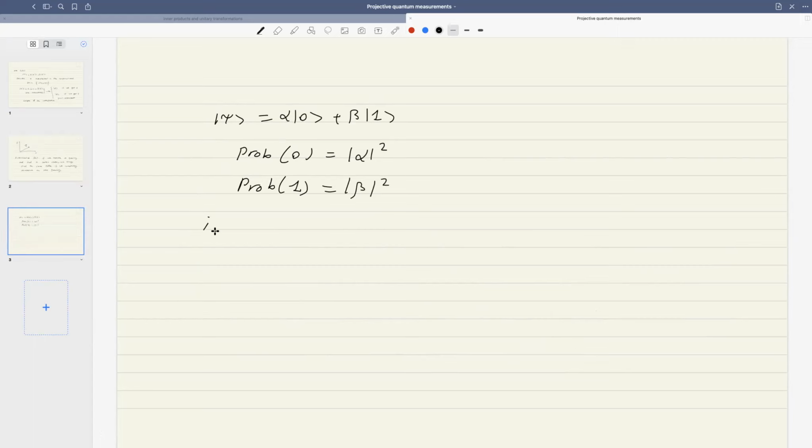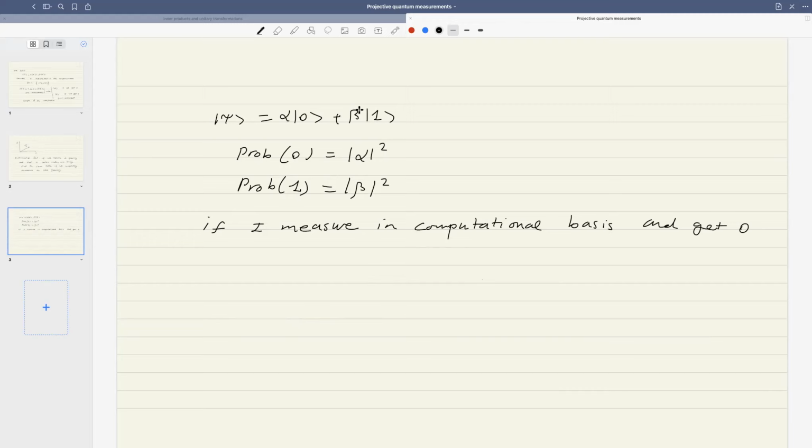Now, if I measure in the computational basis and get 0, this observation implies that immediately after the measurement, the probability of getting 1 in a second measurement is 0.